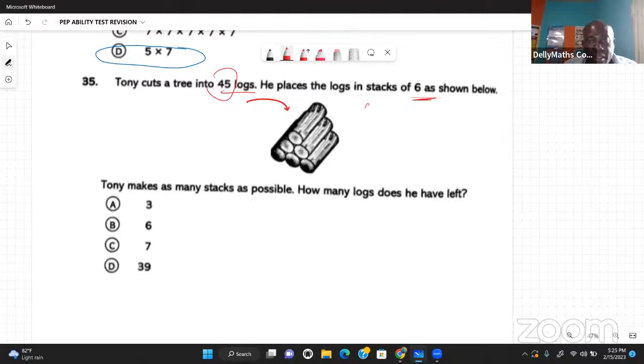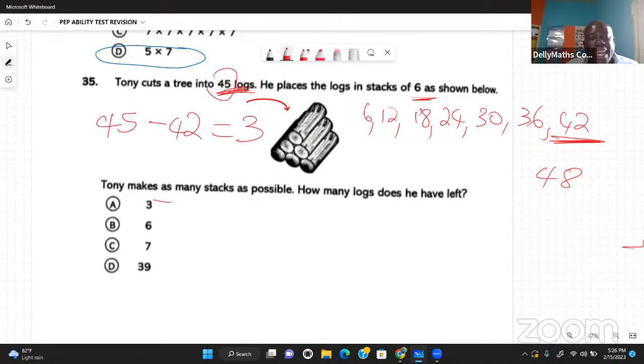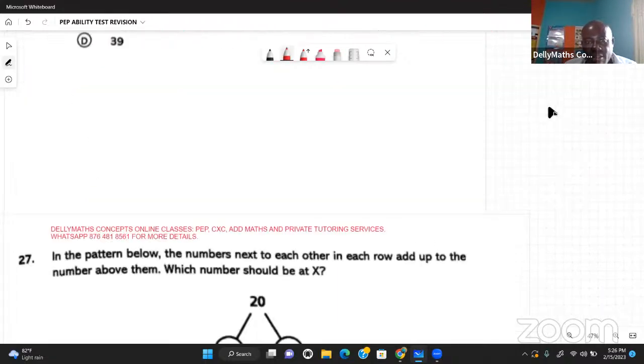Well, the simplest way, 6, 12, 18, 24, 30, 36, 42. After 42 is going to be 48. 48 would have passed that. So we're talking about 42. So 45 minus 42 is going to be having 3 hanging. Going to be having 3 logs hanging. So A is the appropriate answer right there.